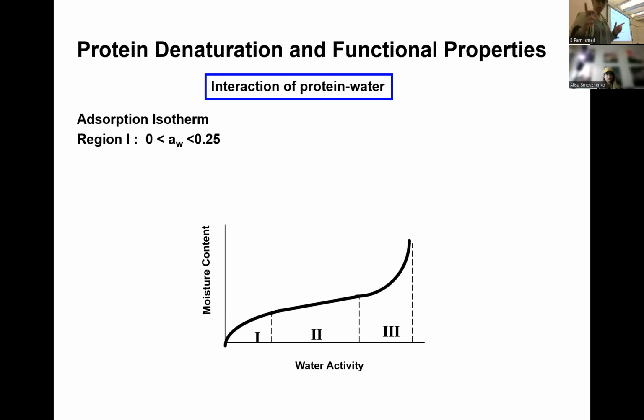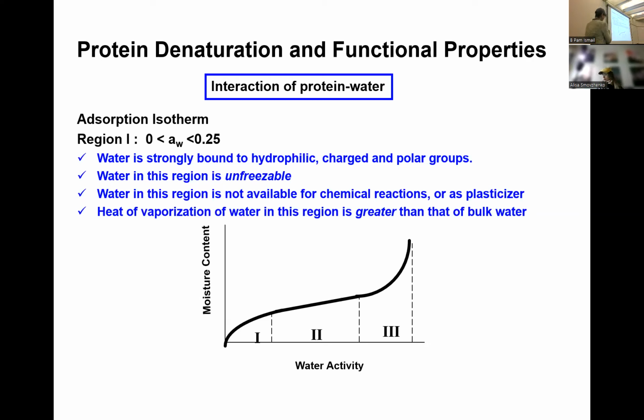Your water is interacting with the polar or charged groups on the surface of the protein. And this interaction is very strong. The water, you cannot freeze it. It's interacting strongly with the protein residues. It's not free for chemical reactions. It is not freezable, and it requires a higher temperature to evaporate than the bulk stream water.